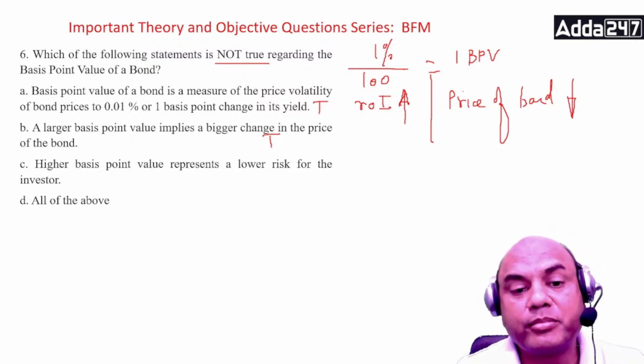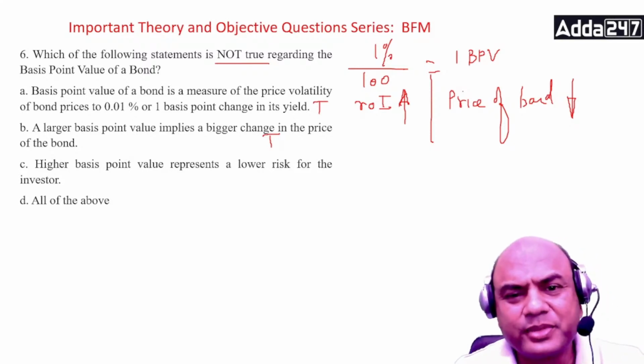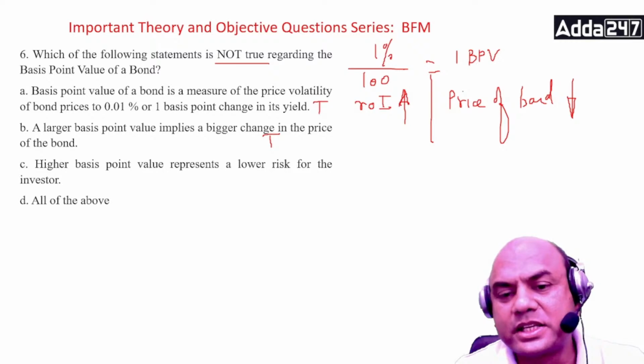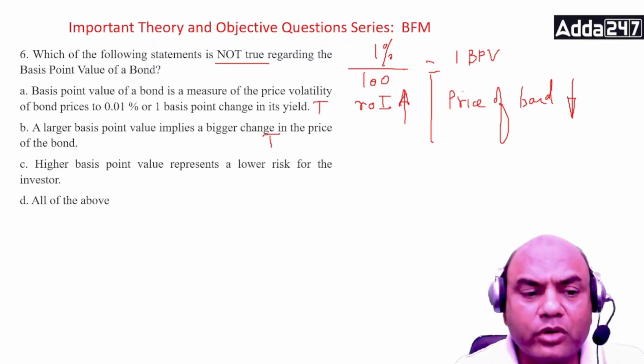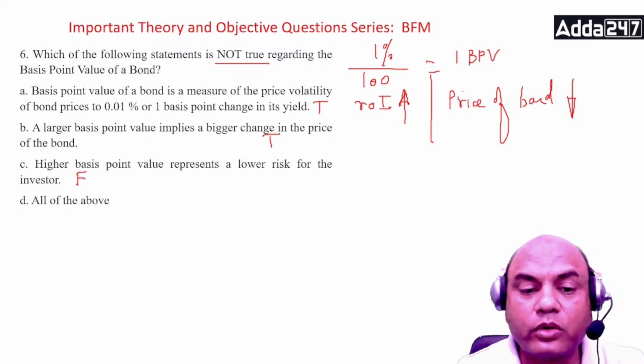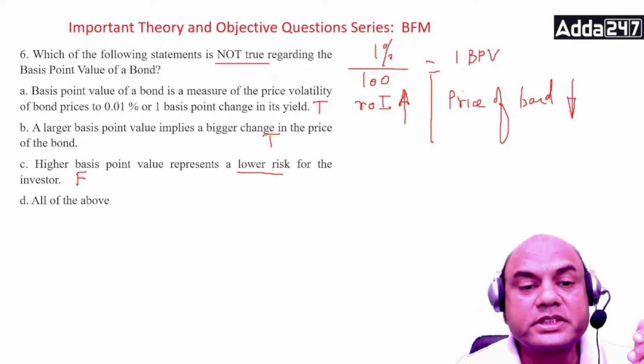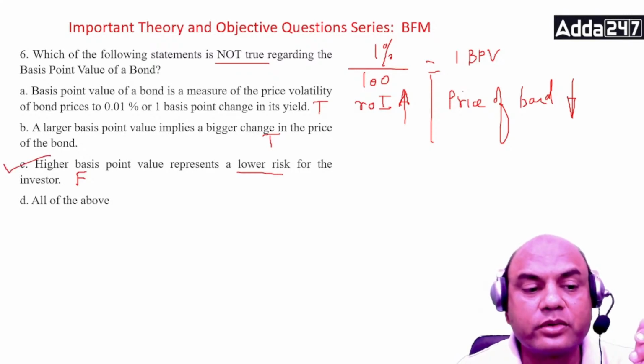If my BPV is higher, it means price change is higher. See, simple. If ROI changes more, price change will be more. So my risk will be what? More. So that is false, because here it is saying lower. The answer is actually higher. So this is not true. So the answer is C over here.